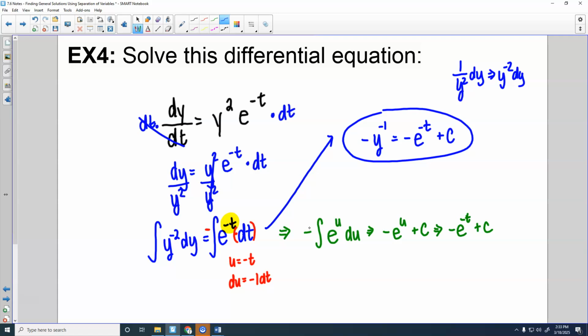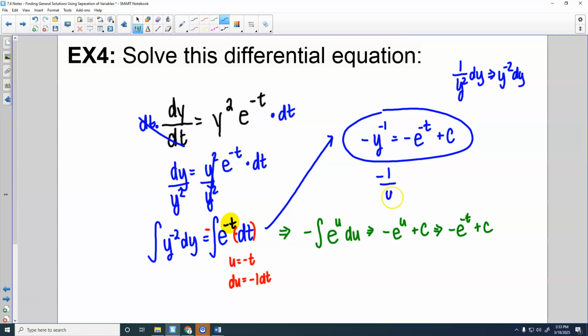Sometimes if it's a free response question, it will say solve the equation so that y equals f of x, like it has to be solved for y. So if I want to solve this for y, then negative y to the negative 1, how could I rewrite that? Good.